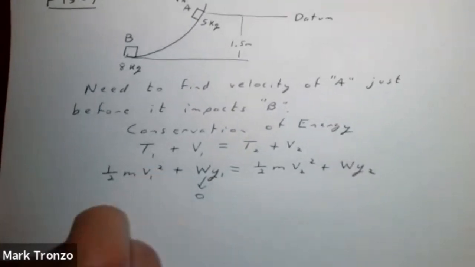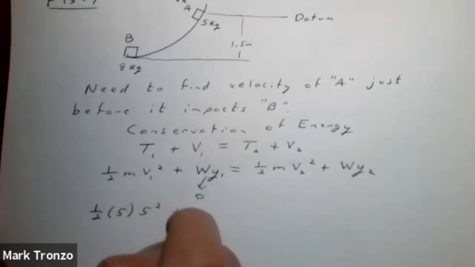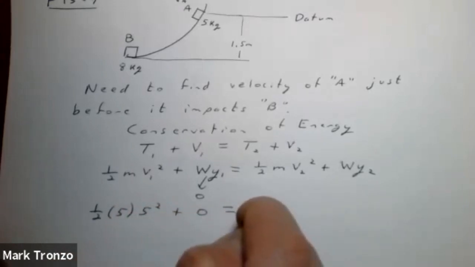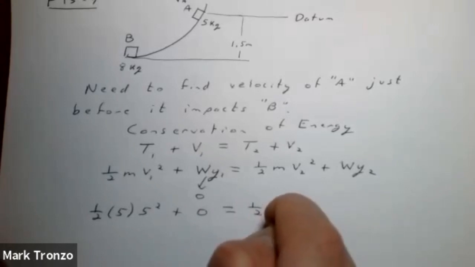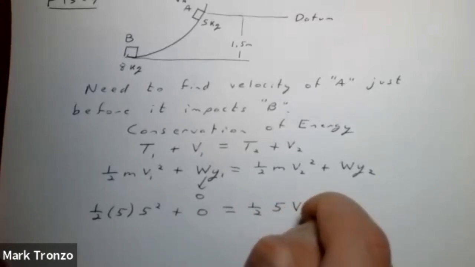And then again, the mass is going to be 1/2, 5 kilograms. It's starting at 5 meters per second. Then on the right-hand side, 1/2, 5. And the final velocity, we don't know.